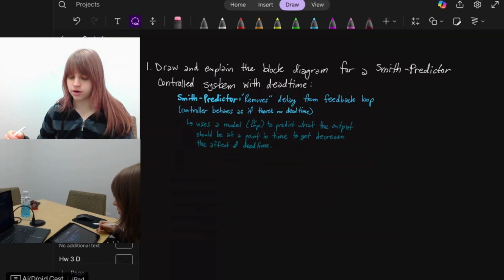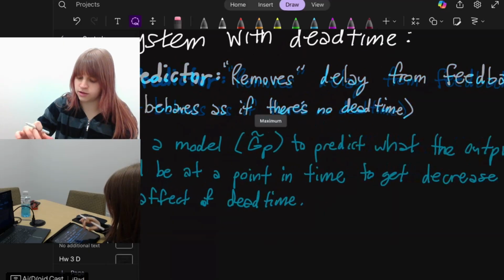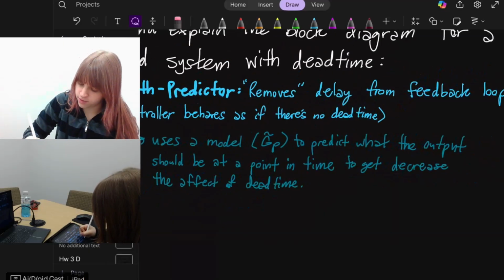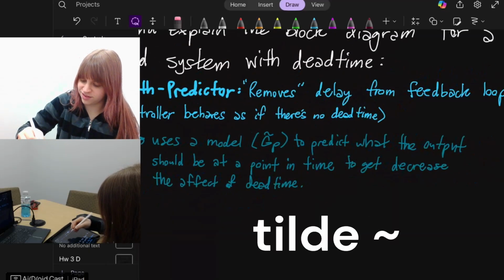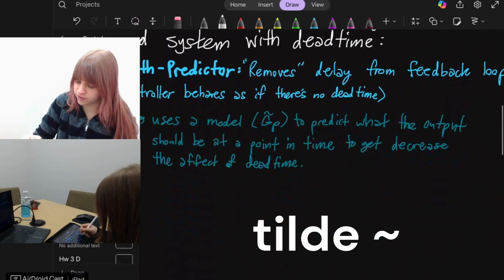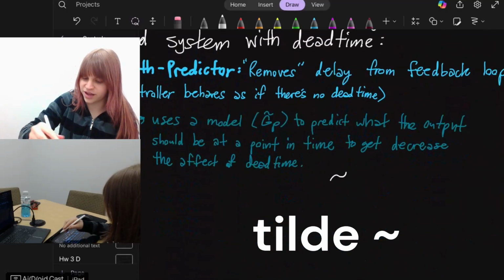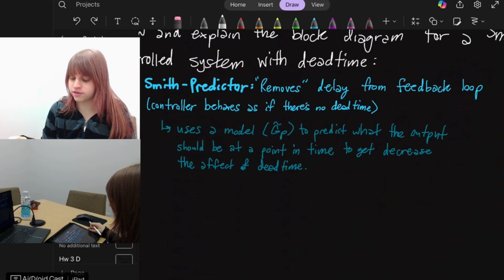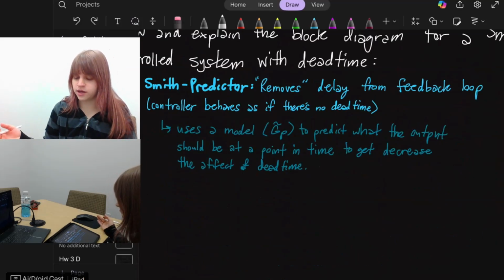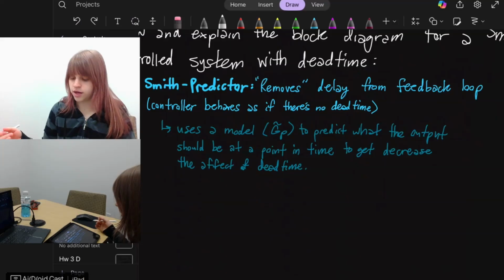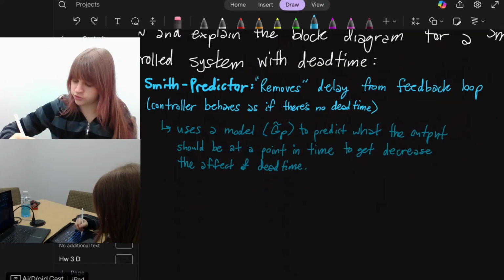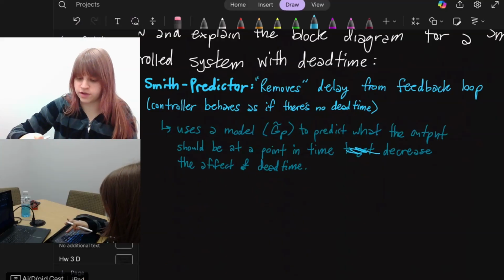It uses a model that I'm denoting GP with the little squiggle character above, and it uses that to predict what the output should be at a point in time, in order to decrease the effective dead time.